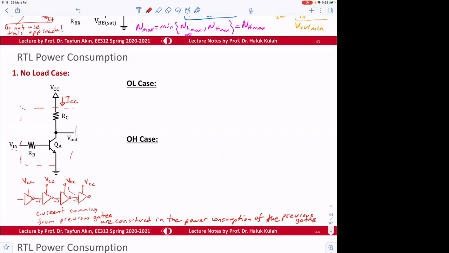So we only need to calculate ICC and VCC.